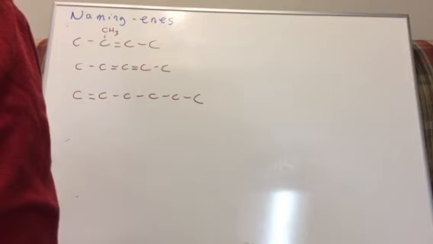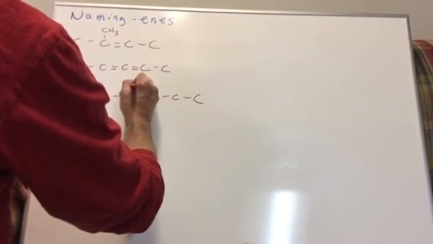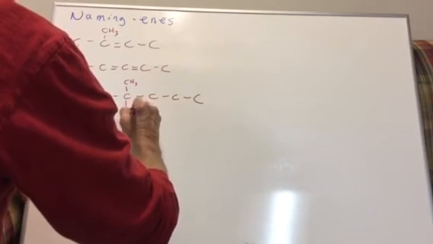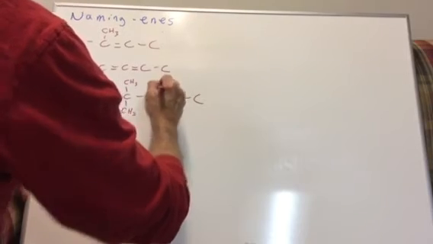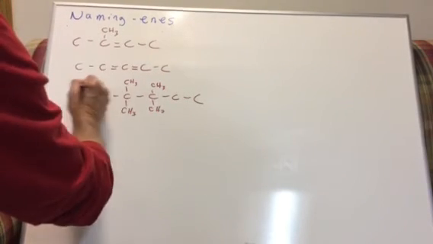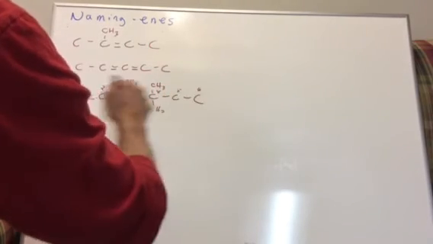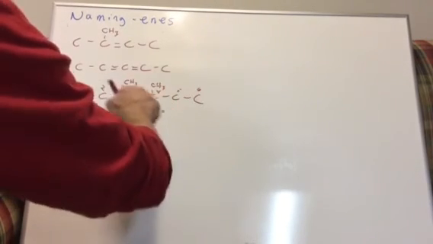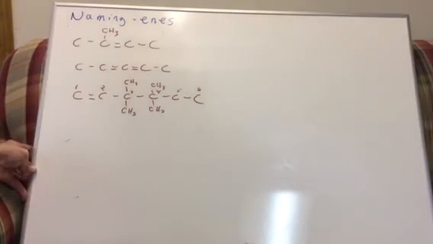And then you're told that it's 3, 3, 4, 4, so 3 gets a methyl group, and 4 gets 2 methyl groups. So again, this is 1, 2, 3, 4, 5, 6. So 3,3,4,4-tetramethyl-1-hexene.